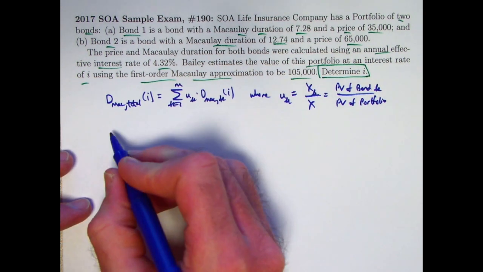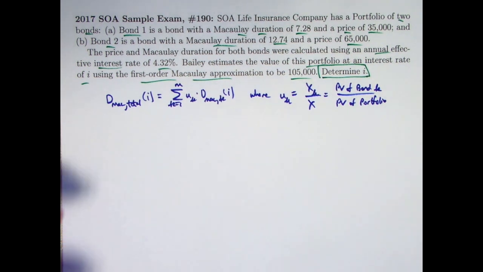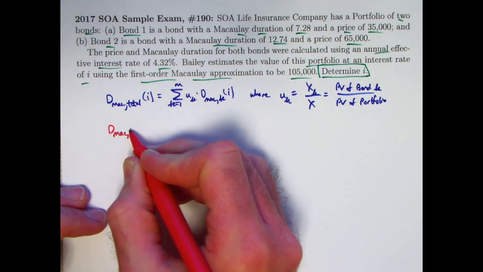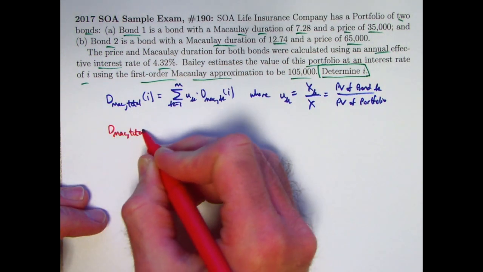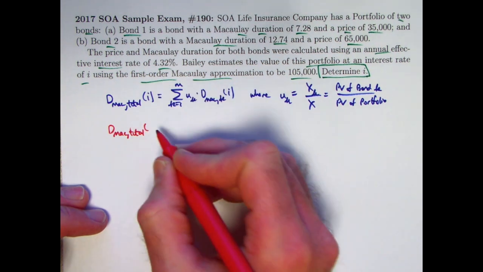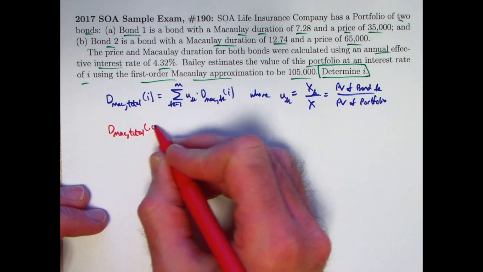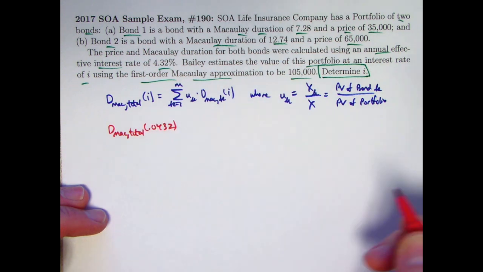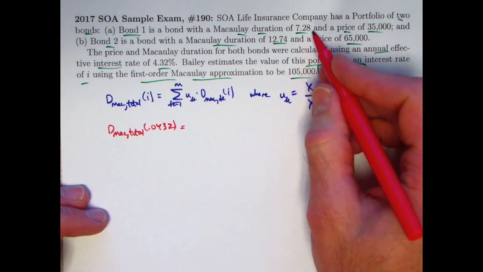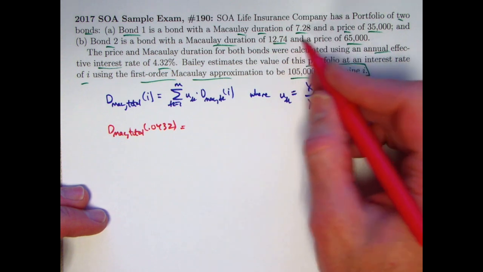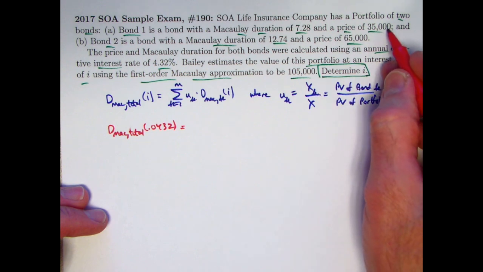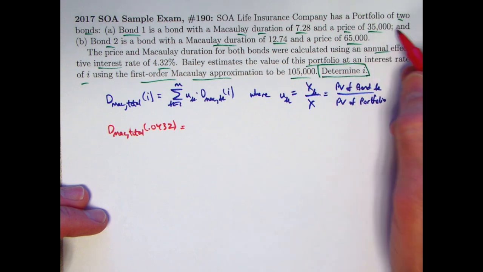So we can first figure out the Macaulay duration of this portfolio by this formula. DMAC total at the given interest rate of 0.0432, 4.32%, is a linear combination of these two Macaulay durations where we take the weights to be, for the first one, 35,000 divided by the sum of these two, which is 100,000.